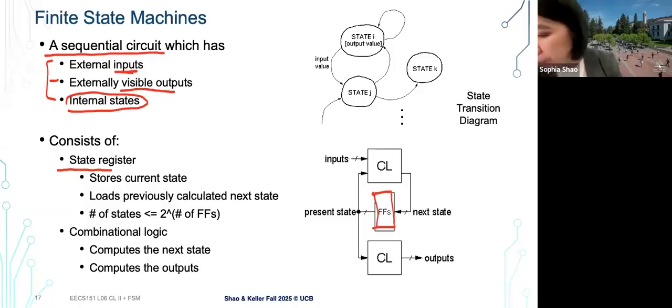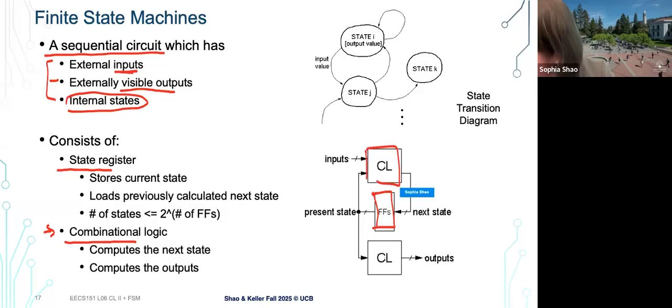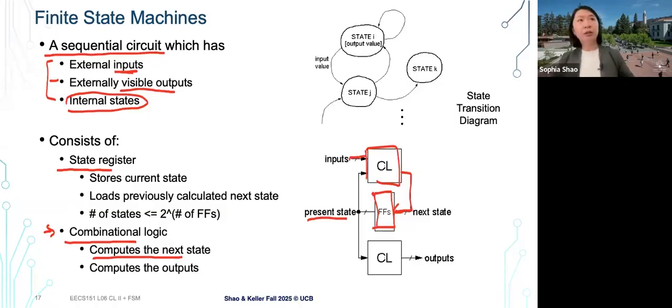In particular, these will be more merged together when you get to the design part, but from a principle standpoint, there are two parts of the combinational logic. One is to determine the next state, that's the state transition. The other takes the current state, the present state, and the input to determine the output, the external visible outputs.